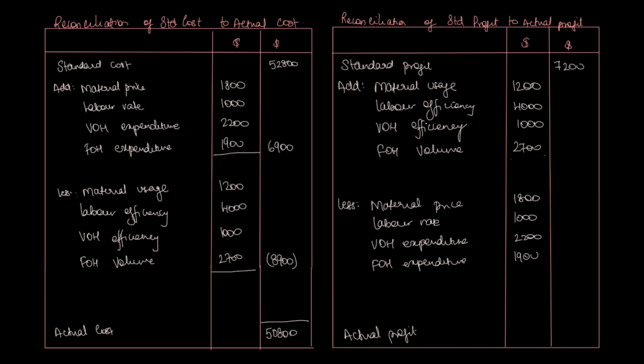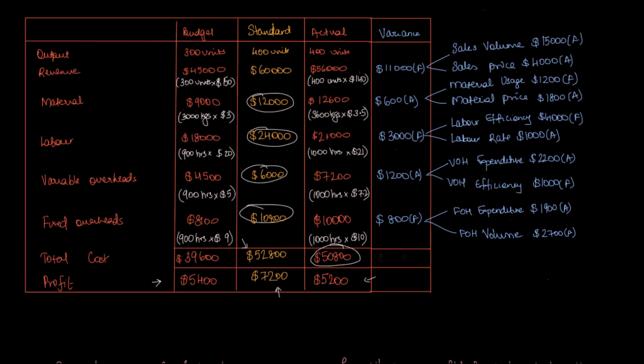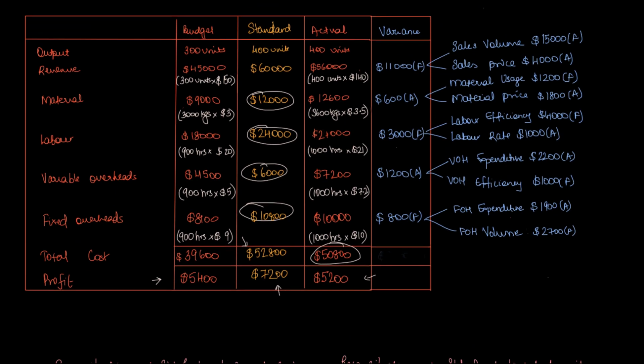Now, the only difference between cost and profit reconciliation is that when you are doing cost reconciliation, you will only take the components of cost, basically the four heads of cost. But when you're doing profit reconciliation, you also have to take into account the difference in revenue. Why? Because the revenues also affect the profit. So when I look at the revenue, my overall revenue variance is 11,000 favorable, but that is divided as sales volume 15,000 favorable and sales price 4,000 adverse.